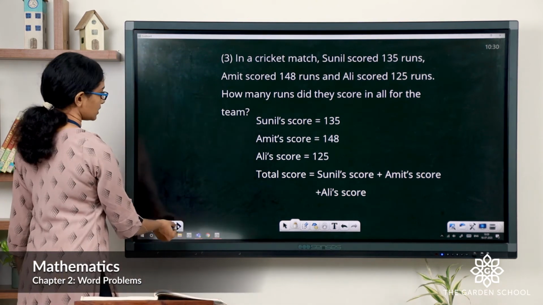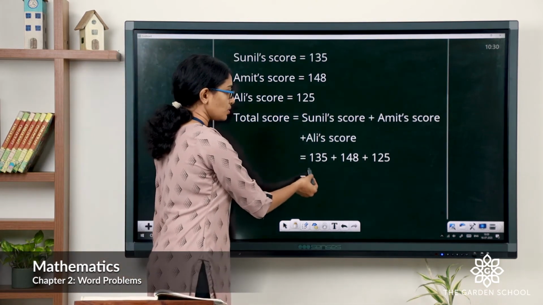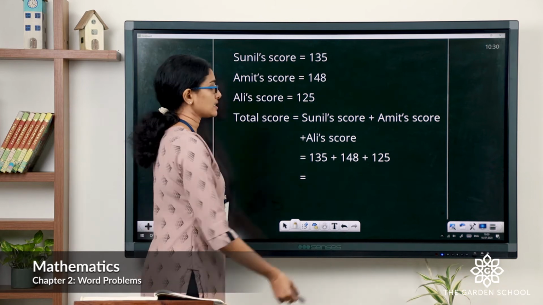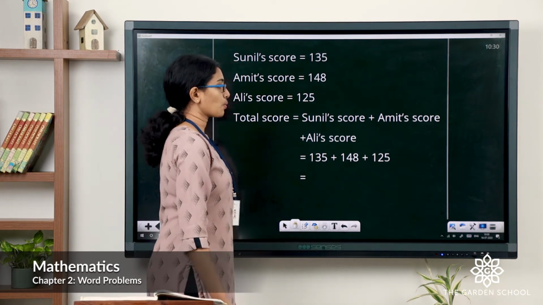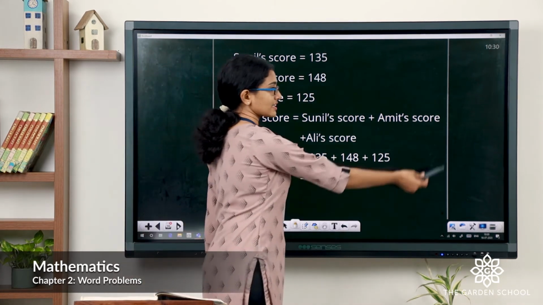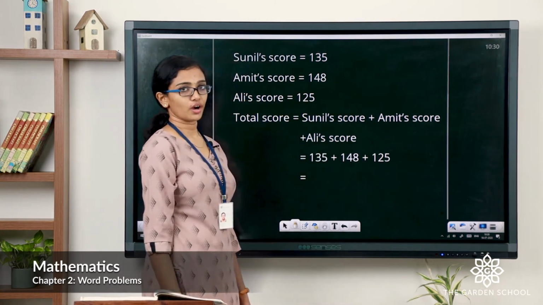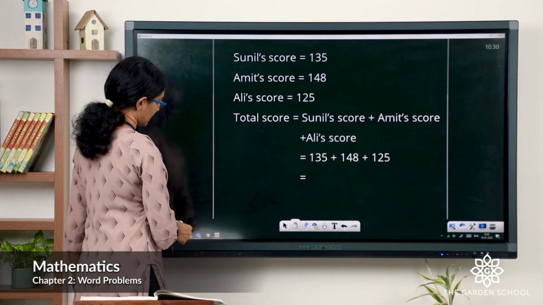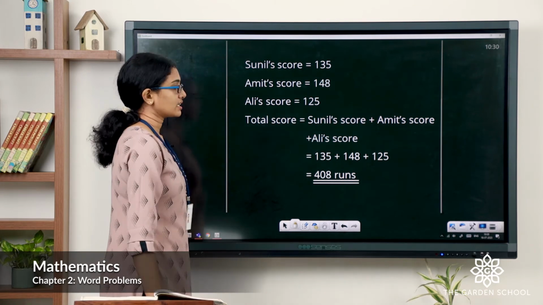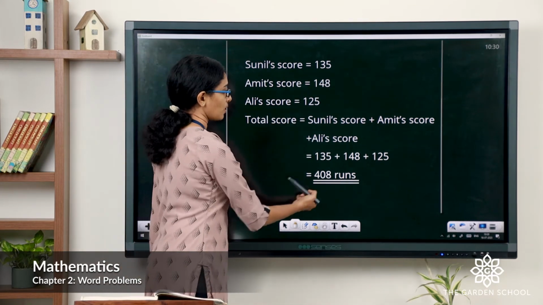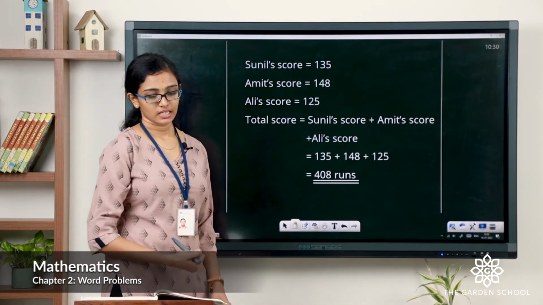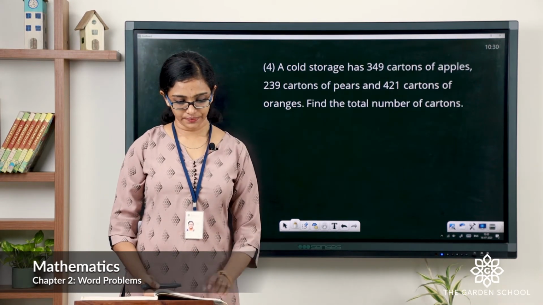Let's substitute the numbers. It is equal to 135 plus 148 plus 125. You can do the calculation in the working column. Now, let's check the answer. The total runs or the total score equal to 408 runs.